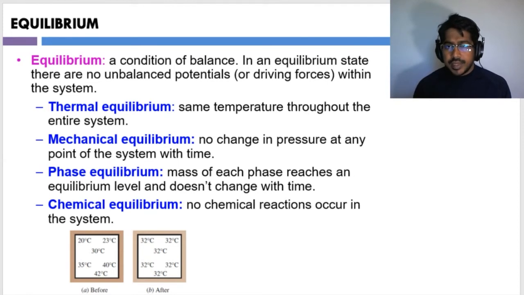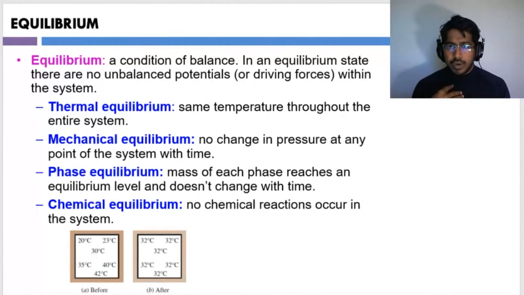If we take our coffee cup example and say the coffee cup is in thermal equilibrium, the coffee on top, in the bottom and in the middle should all have the same temperature. If the temperature across the coffee cup changes, it's not in thermal equilibrium.